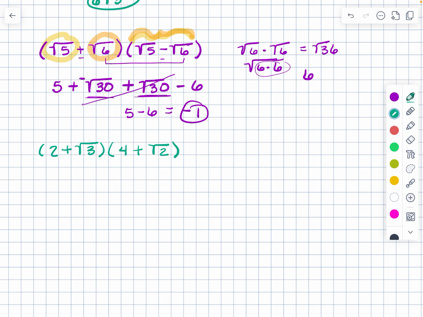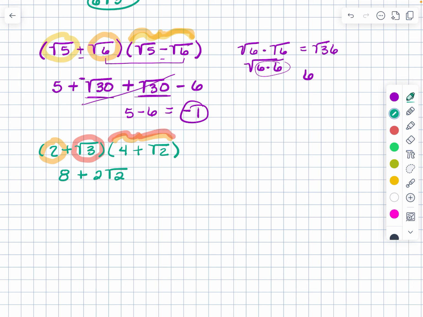Okay, again, I'm going to take this term and I'm going to multiply it by these terms. So I'm going to take 2 times 4, and that gives me 8. And 2 times the square root of 2 is going to be plus 2 square root of 2. Now, I want to multiply this square root of 3 times all of this.